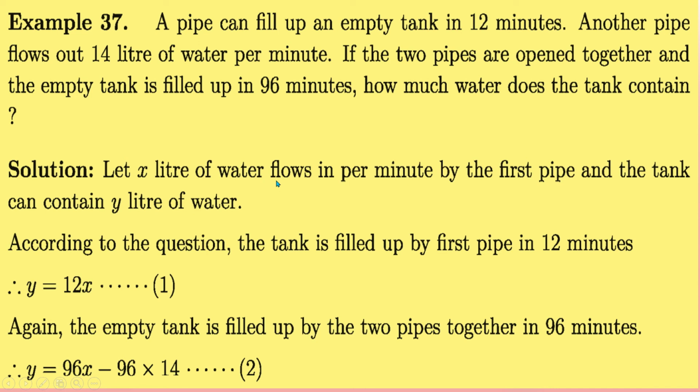As the first pipe can fill up an empty tank in 12 minutes, and x liters of water flow in per minute, so in 12 minutes the first pipe can fill up 12 into x liters of water, and we can write this as y, because the tank contains y liters of water.